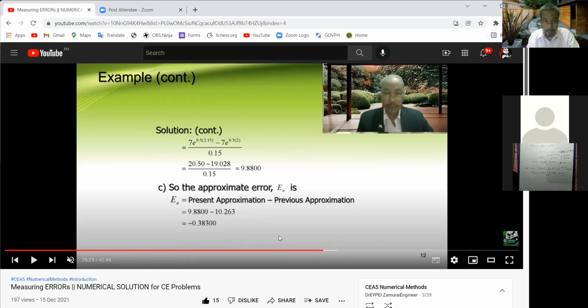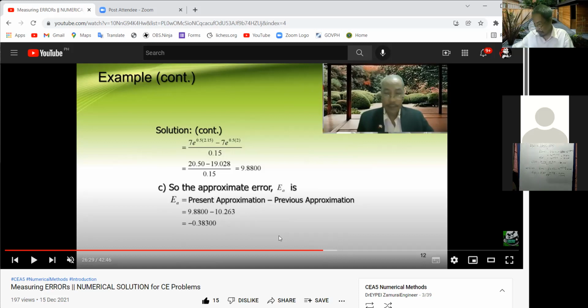The answer on that page is 9.88. Okay, 9.88 is correct, but that is not 5 significant figures. Take note. Because his answer is 9.8800, he wants to express that he is giving us the 5 significant figures, but that is not correct.